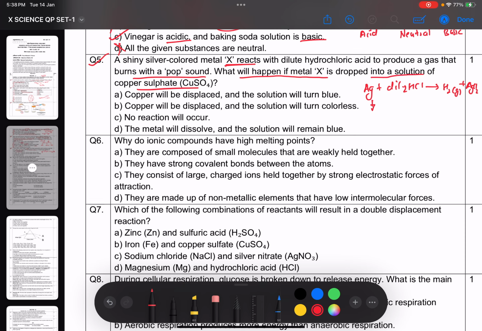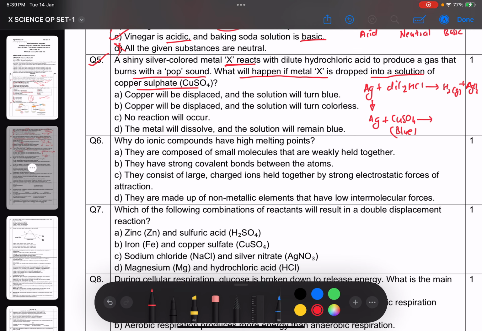So our metal X, which is silver, if we are going to drop this in the copper sulfate solution, which is blue in color, so what will happen?